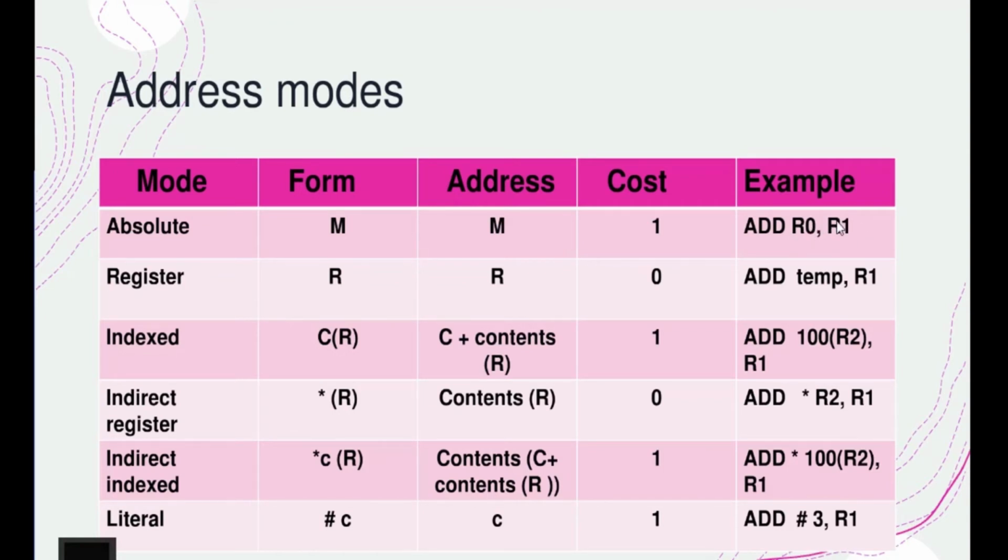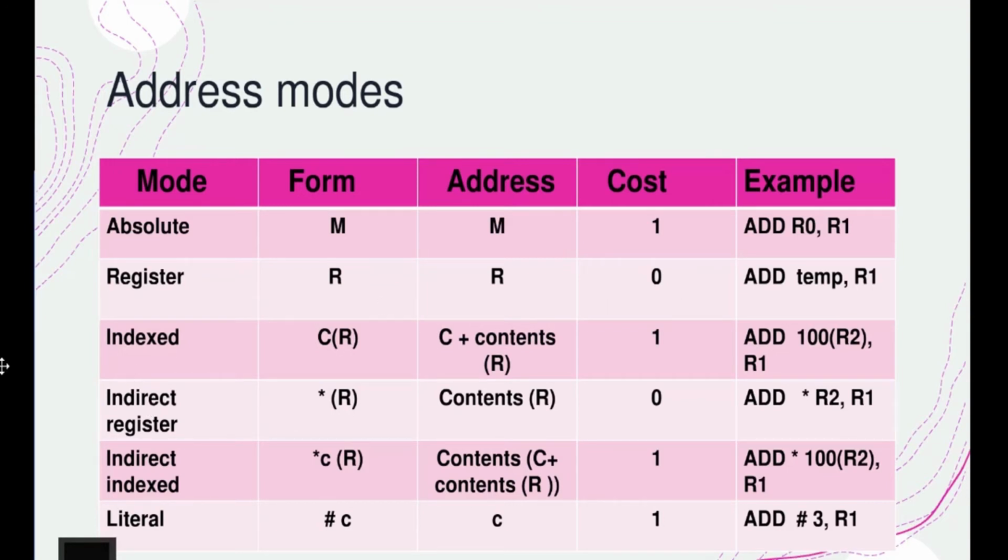Then if it is a register address mode, it is of the form R, and the address is also R, and the cost is 0. The example for this is add temp, R1. A temporary variable will be used, and the value stored in the register R1 will be used. For such an addressing mode, the cost is 0.